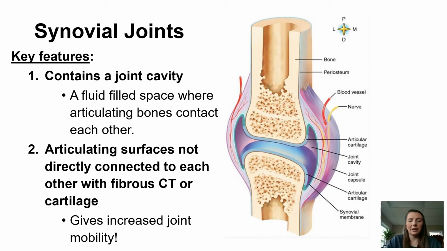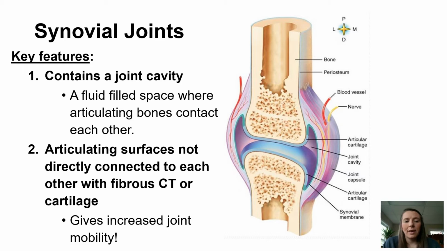So that takes care of our fibrous and our cartilaginous joints. And now we begin our discussion on synovial joints. I think for the most part, the rest of the lecture is covering different aspects of synovial joints. So just some key features about synovial joints.